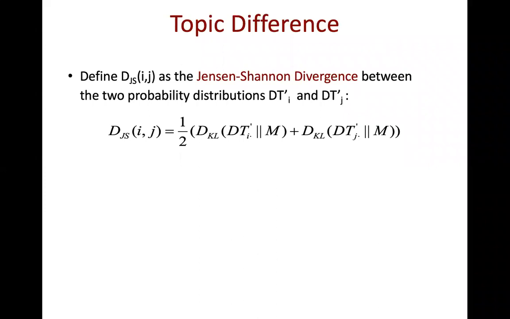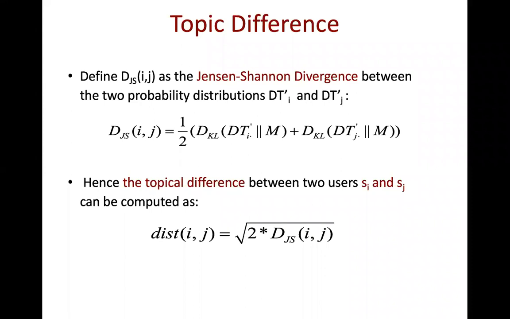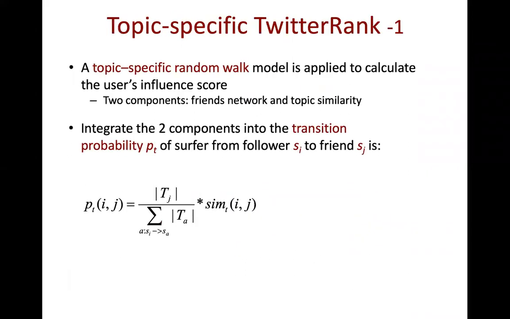We have distributions dty, dtj, and we can compare one distribution to another. So the typical difference between two users can be computed as this DJS metric between these two users. Now we get a graph, right? We can compute the topical difference between every user, depending on which topics they are talking about, and then we can see the difference between them.